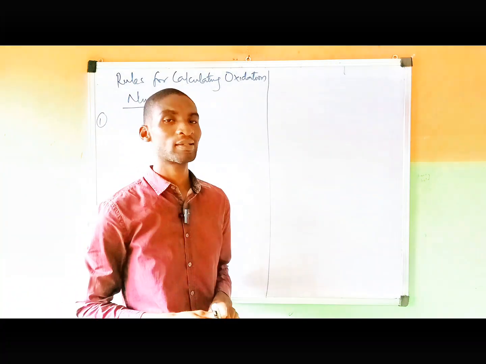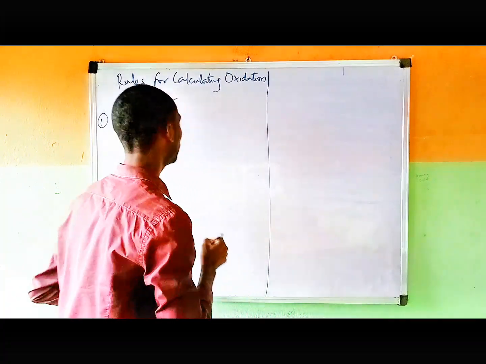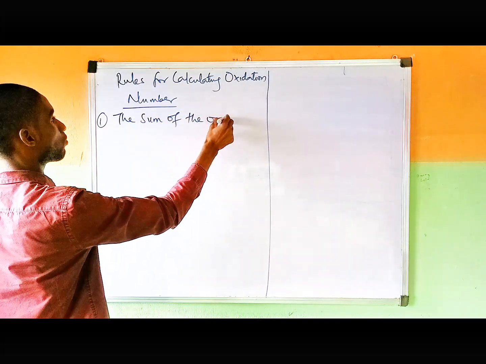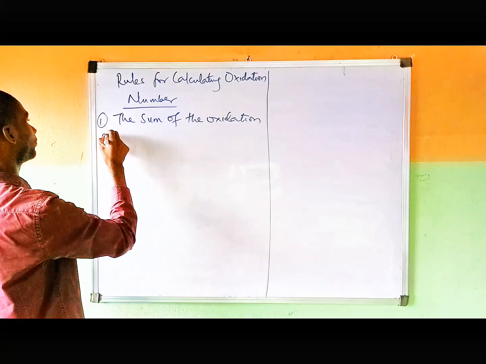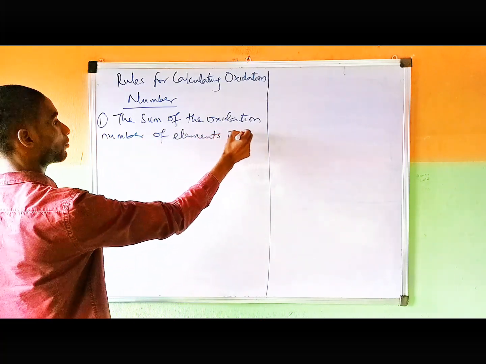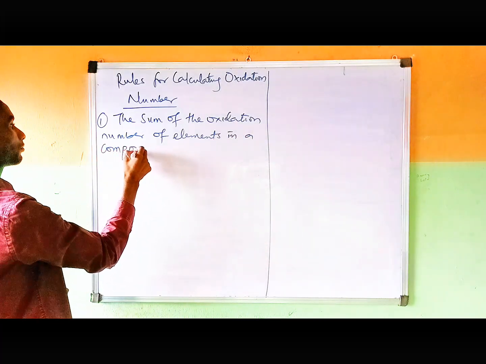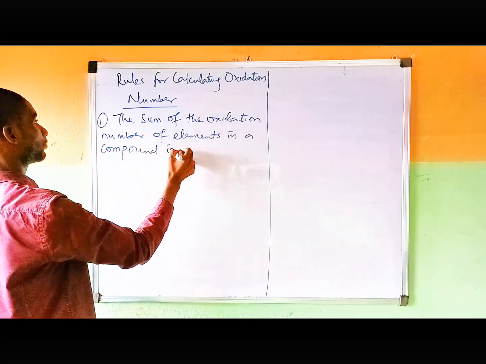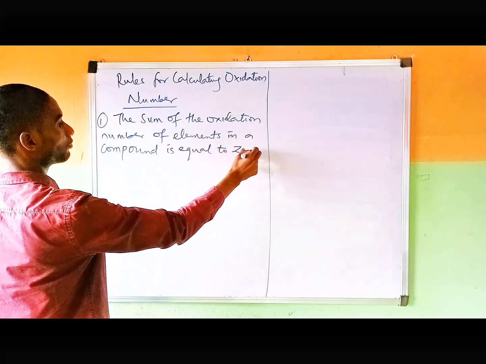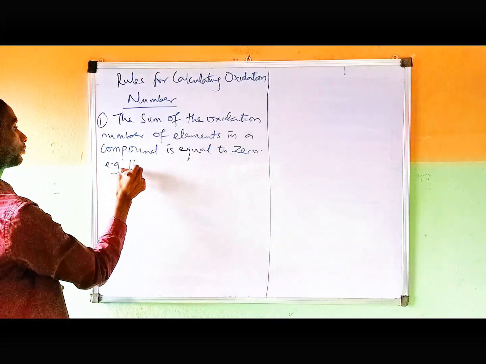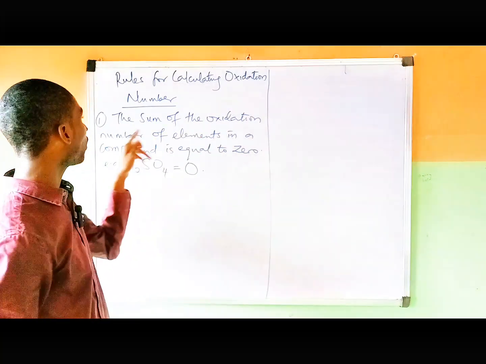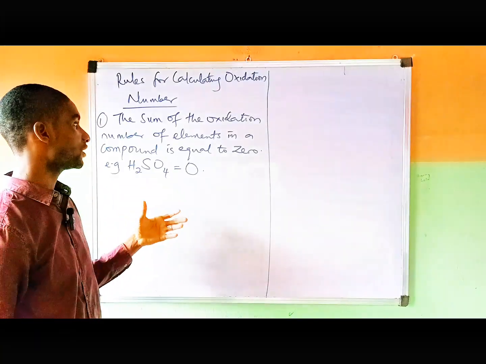So the first rule is that the sum of the oxidation number of elements in a compound is equal to 0.